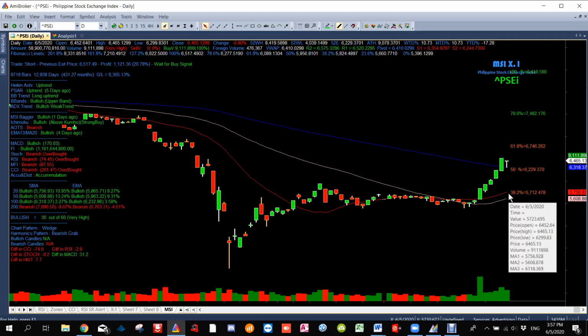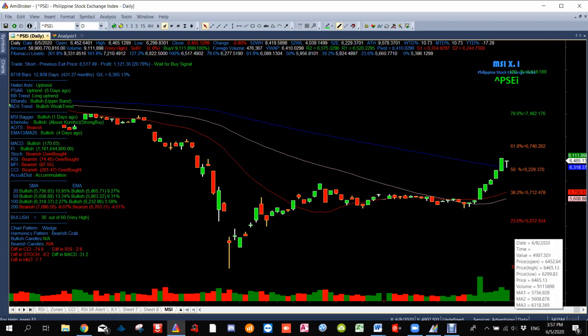Kasi yung MA20 is under MA100 pa. Pero as you can see, sumusunod naman si MA50. So once na mag-crossover yan, then you can expect another move kasi yung tribe would be probably buying into this. No?